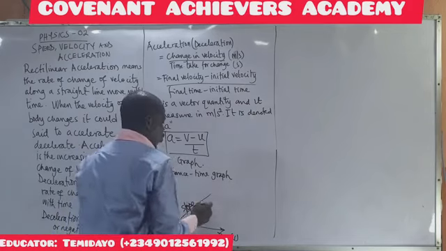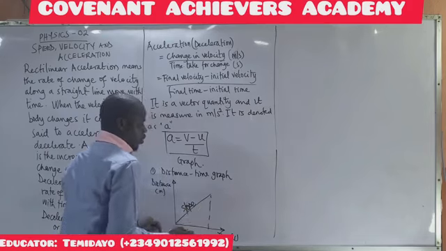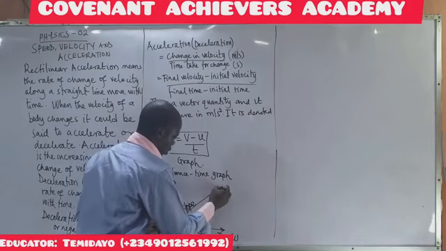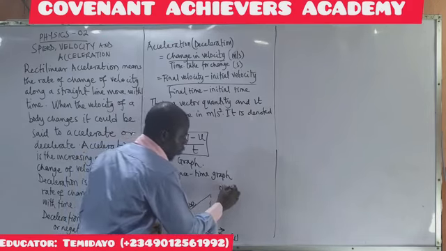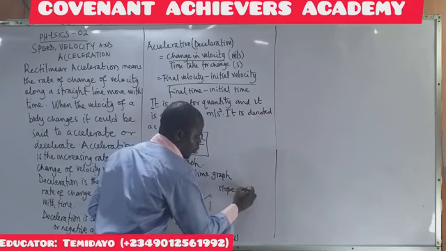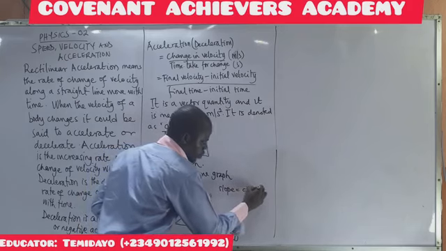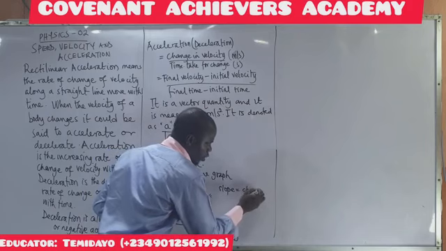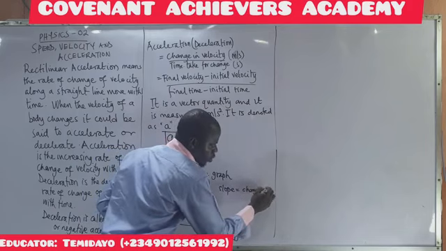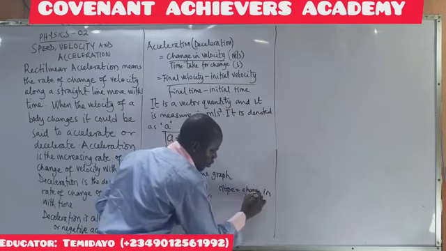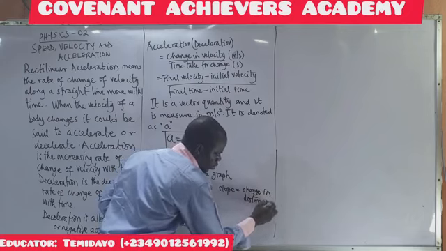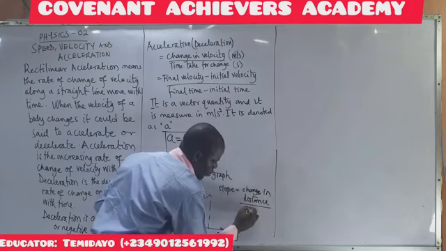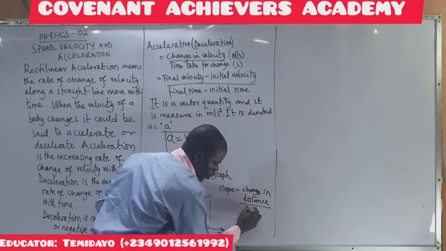The slope of the distance time graph, that means for us to get the slope of the distance time graph, is going to be change in distance over change in time.